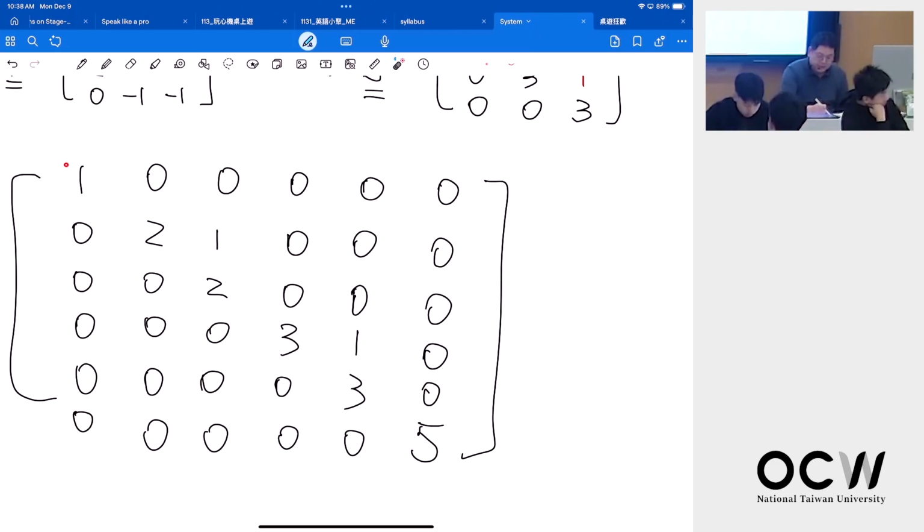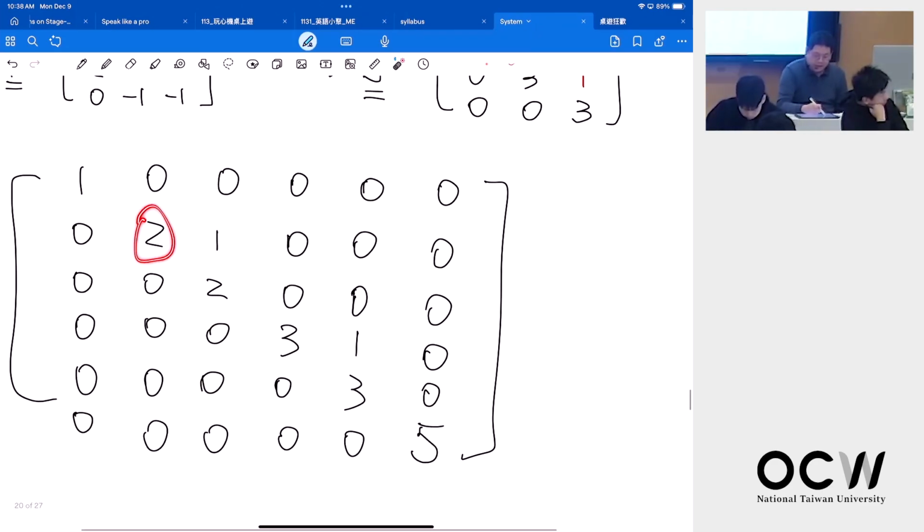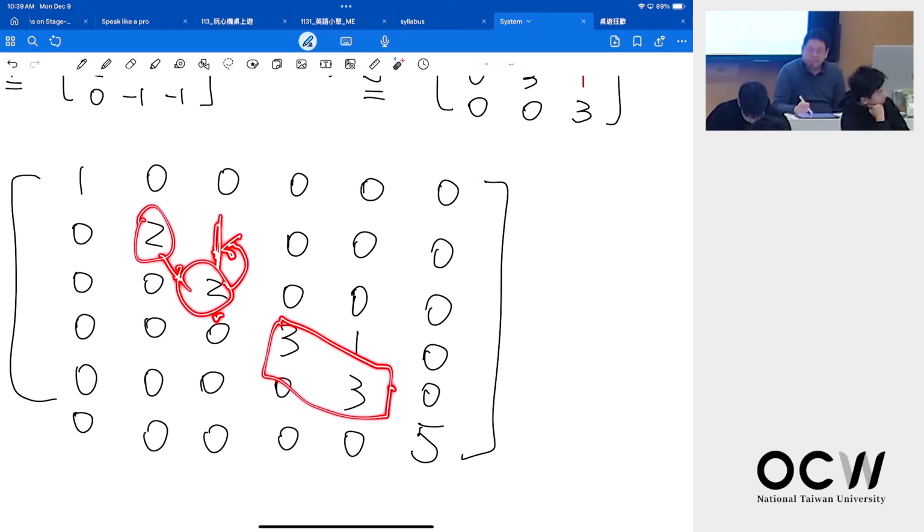Because this is an eigenvalue, I have a repeated eigenvalue. Then I check here. I have a 1. So for this repeated eigenvalue, I cannot find 2 independent eigenvectors. Then I need to use a generalized eigenvector. Here, I also have a repeated eigenvalue, and I see here I have a 1. So this is the generalized eigenvector.